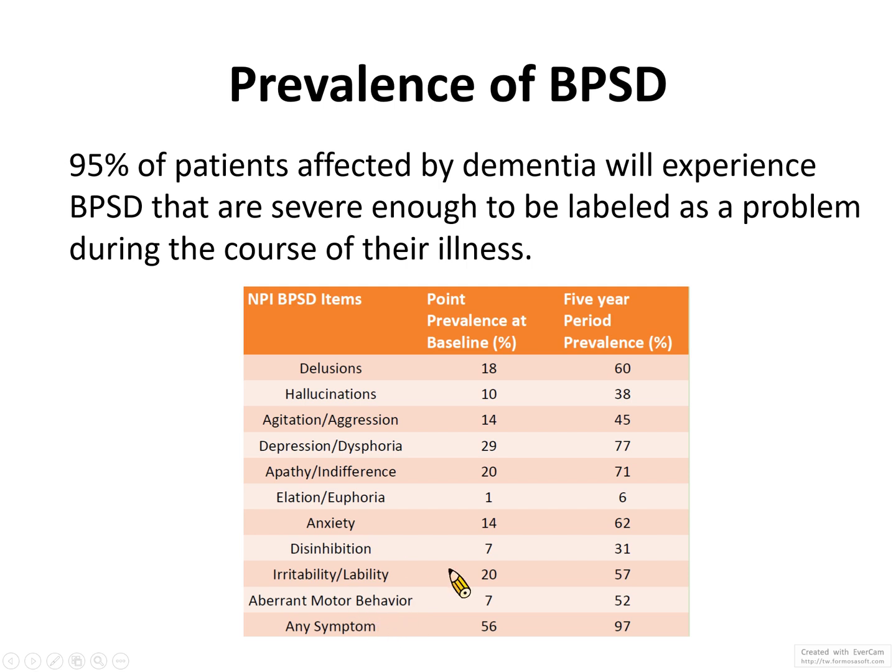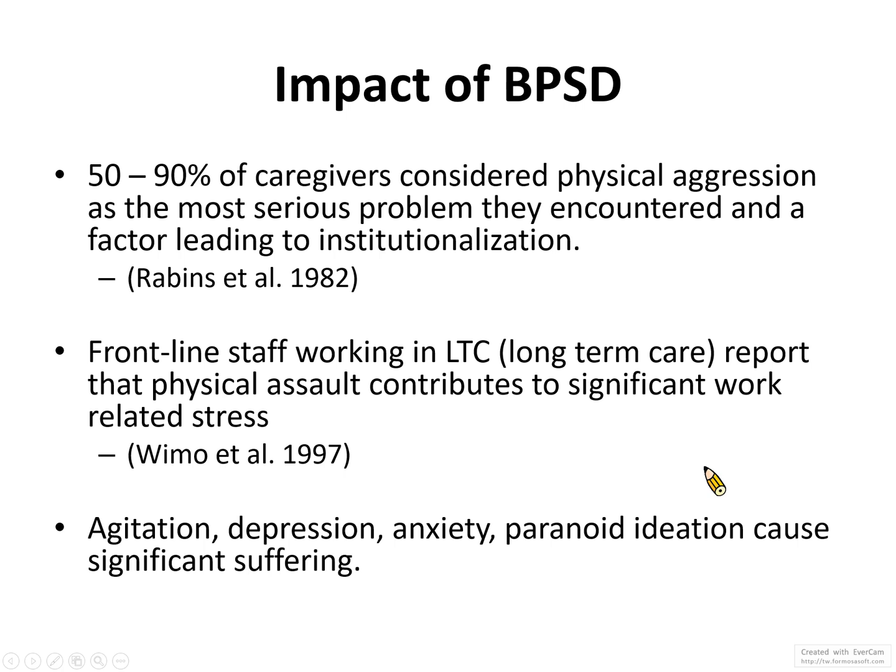So you can see there's quite a high prevalence at baseline and also 5 years later. As you can see, the rate is very high. So that is one of the major challenges in caring for patients with dementia.